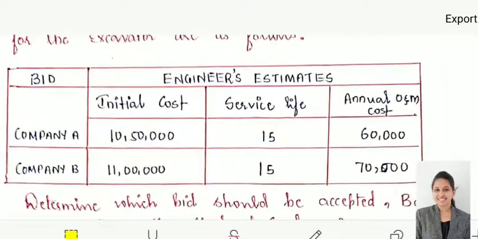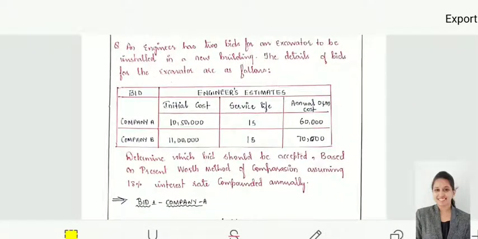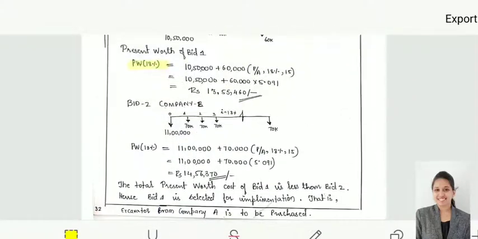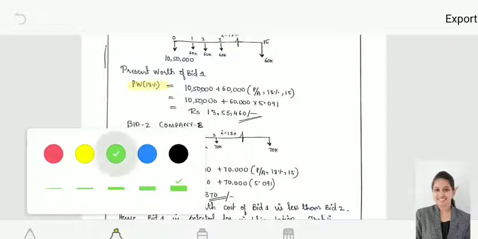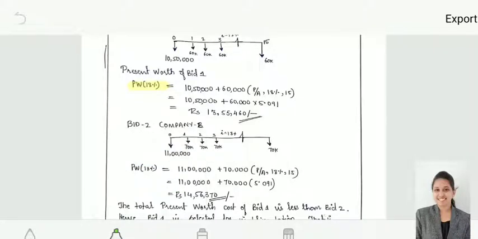It is the initial cost. I am not considering any factor for 10,50,000 because it is the present worth itself. P by P will be 1.